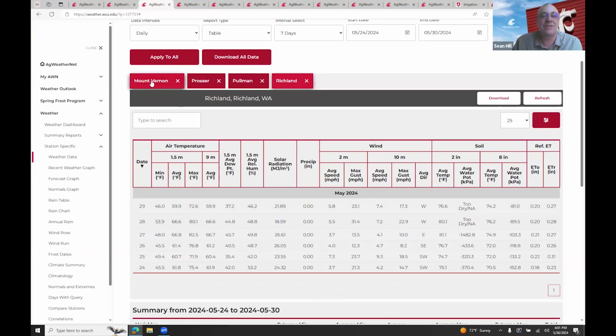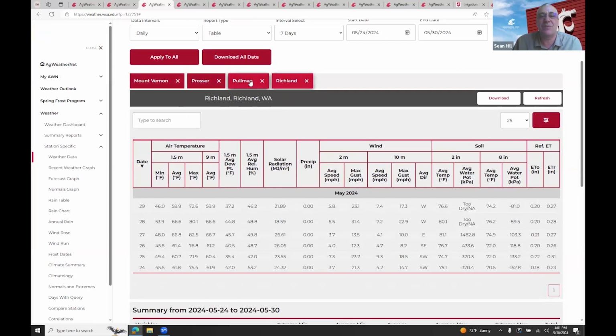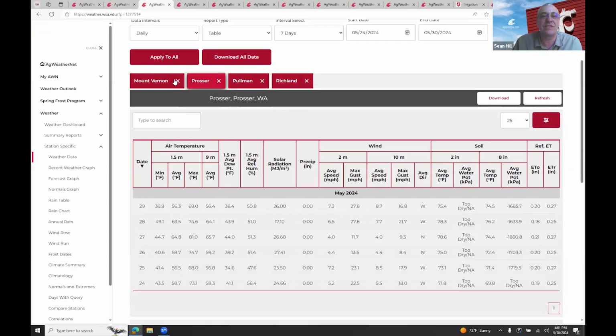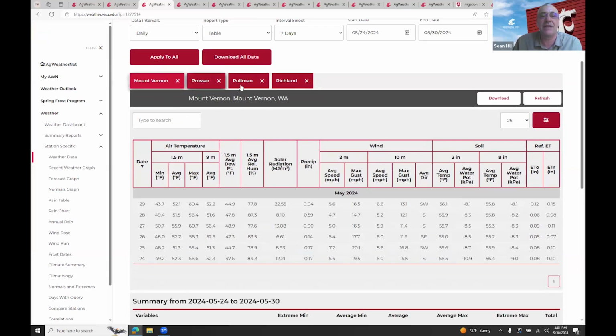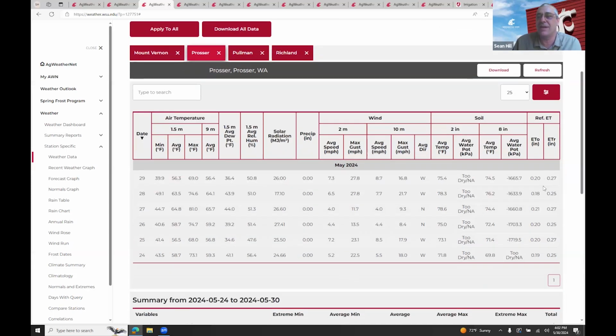So on this form, like most of our forms, each of these tabs represents one of the weather stations you're interested in. And let's, for the sake of this, look at Prosser. And you can just notice right away that we have the ETo, which is, as mentioned, for grass, and the ETr is the alfalfa value in inches. So you can see daily ETr, ETo values just real quickly right from here.